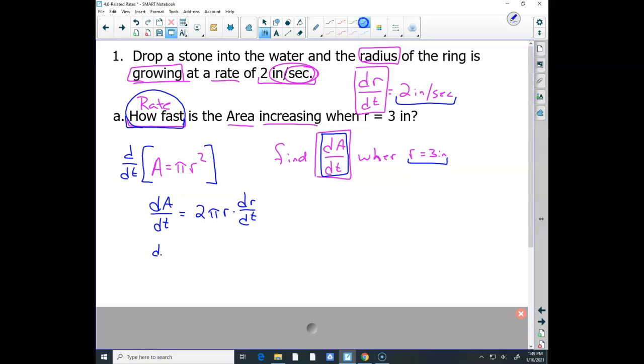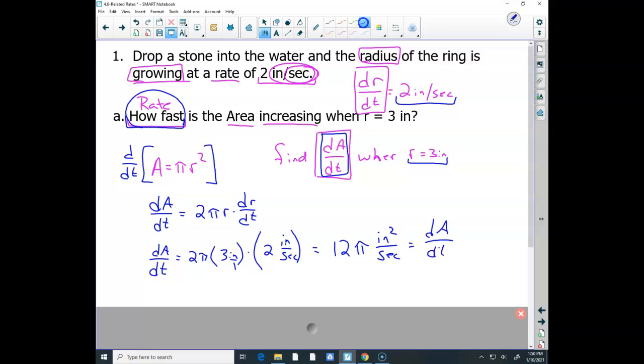So let's look at this one. dA/dt is going to equal 2 pi times my radius, 3 inches, times dr/dt, 2 inches per second. And if I multiply all this across, 2 times 3 is 6 times 2, that's going to give me 12 pi. And watch out, check out my units: inches squared per second. That's what dA/dt is.